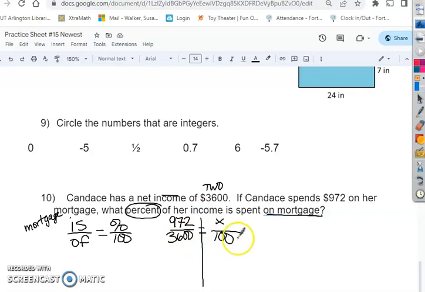Guys, we're going to cross multiply. 97200. Okay, you're going to finish this up with this. Please make sure you cross off those zeros, and if I did it right, which I think I did, you should have a whole number percent, okay?